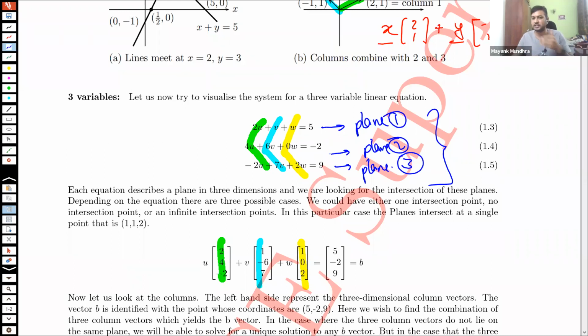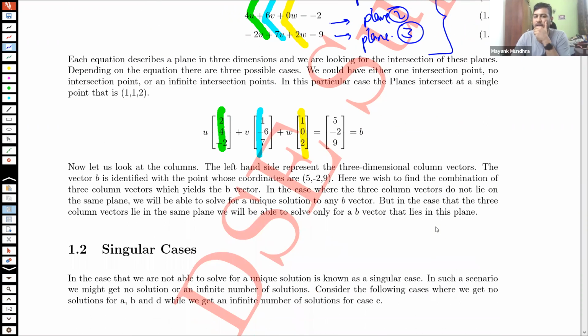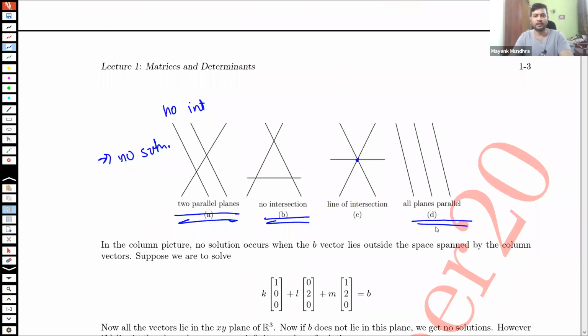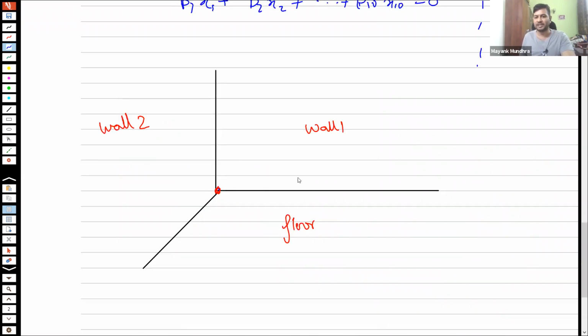These are all planes. So instead of thinking of them as lines, think of them more as planes in 3 dimensions. That would give some better intuition. Here I have a situation of two parallel planes and one plane intersecting them. Imagine this is the floor and then there's a table here on which you are studying.